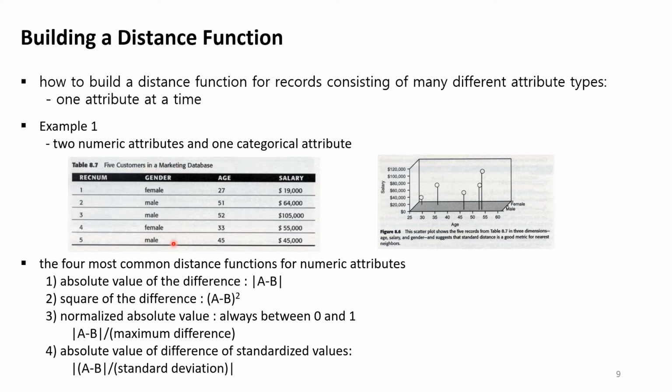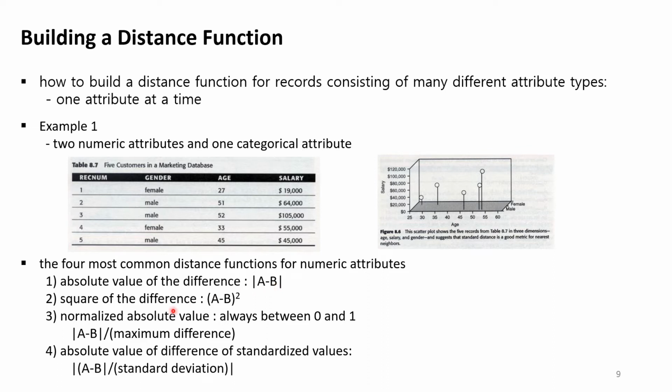For each attribute, if the attribute is numeric, then we use one of these 4 methods. These 4 are the most popular distance functions for numeric attributes. The first one is the absolute value of the difference, so the absolute value of A minus B, where A and B are the attribute values.